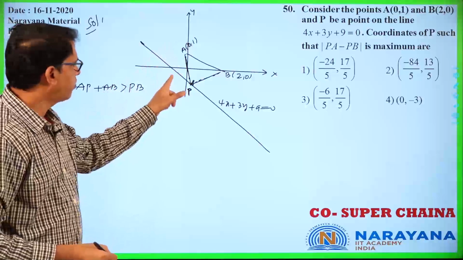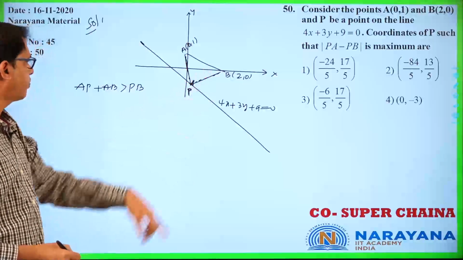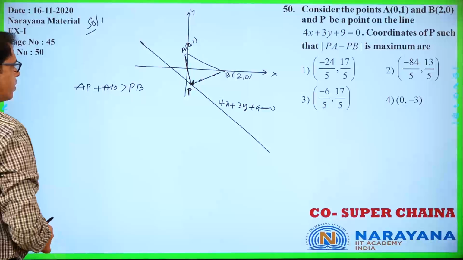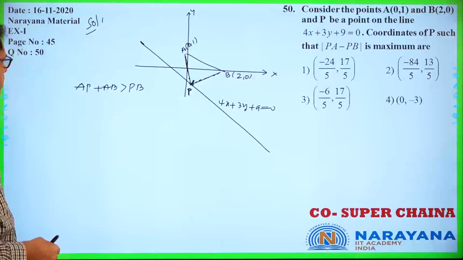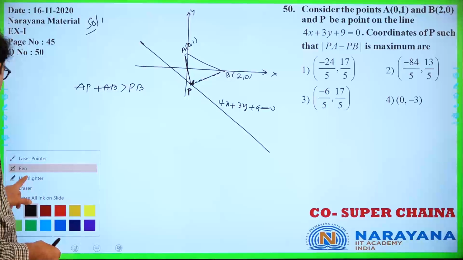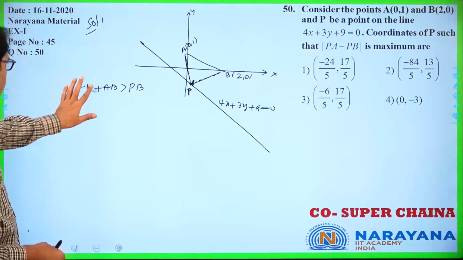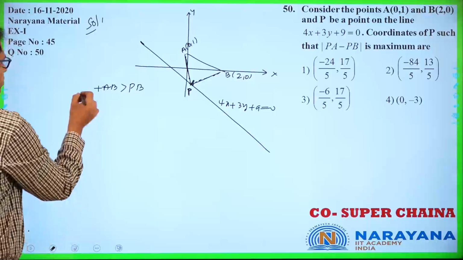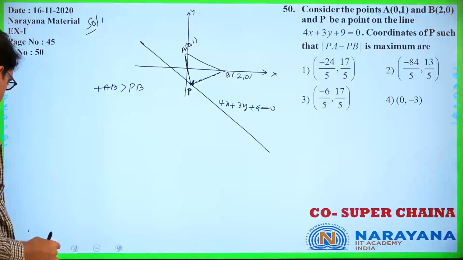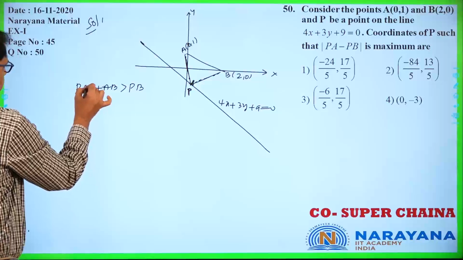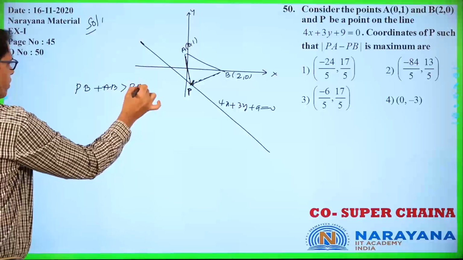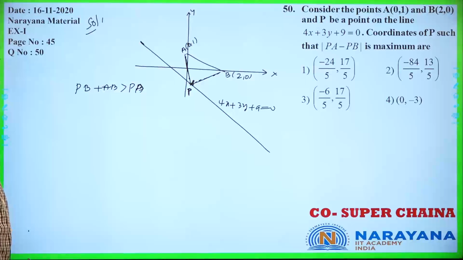So AP plus AB is more than PB. You can take any two sides, PB, here PA, okay?